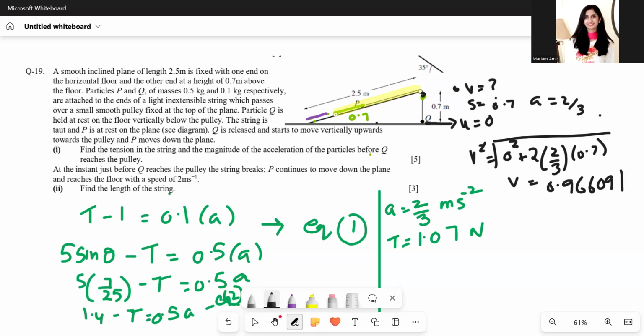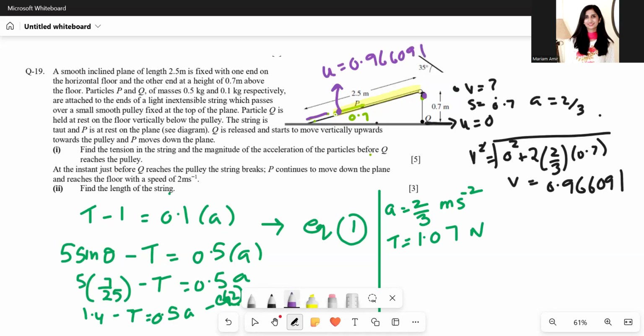Okay. Now, at this instant, right before Q hits the pulley, P will be somewhere over here, and P will also have the same speed, 0.966091, and this will become U for the final part of the journey.